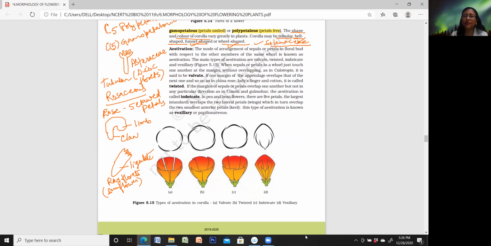As I told you, sunflower is an inflorescence, an arrangement of so many flowers. So this is ligulate, and it's again gamopetalous. Rose is polypetalous. But tubular, I told you, the disc florets of sunflower, is gamopetalous, and ligulate, which is the ray floret of the sunflower, is also gamopetalous.